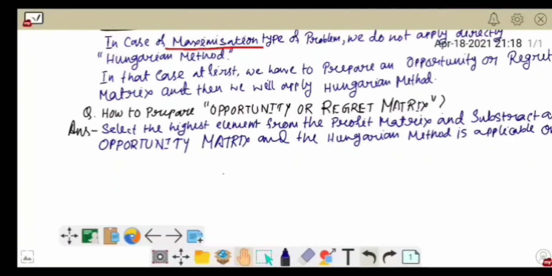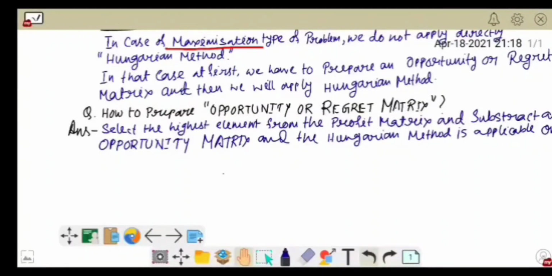So a cost matrix is related with minimization type of assignment, and a profit matrix is related with maximization, because every manufacturer wants to get maximum profit from their particular production.